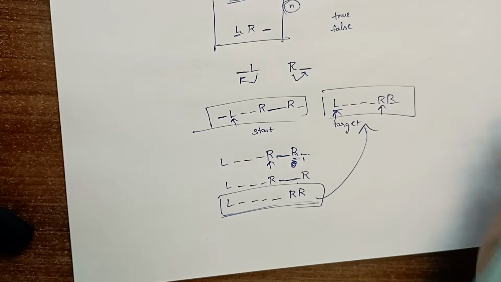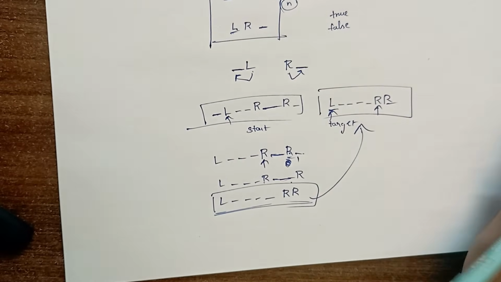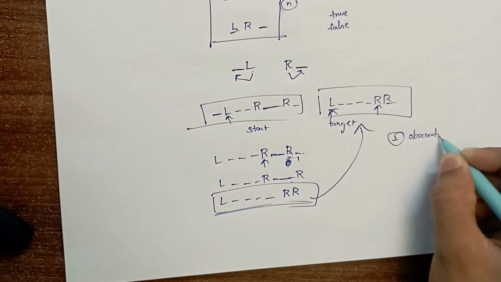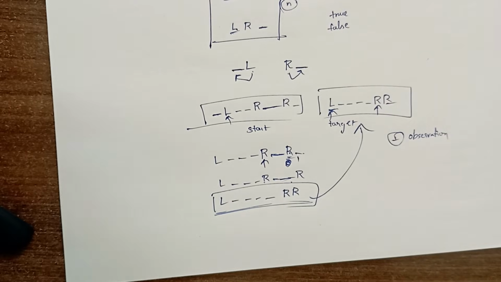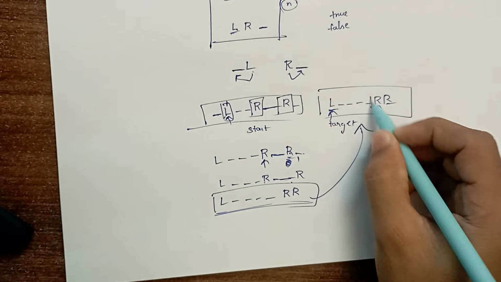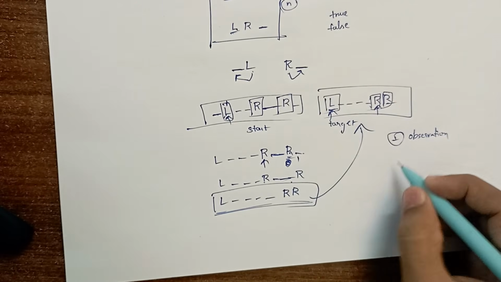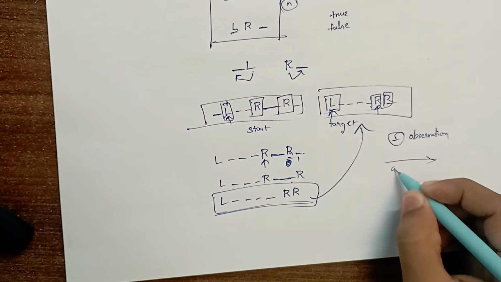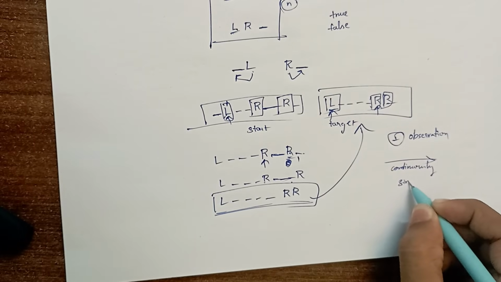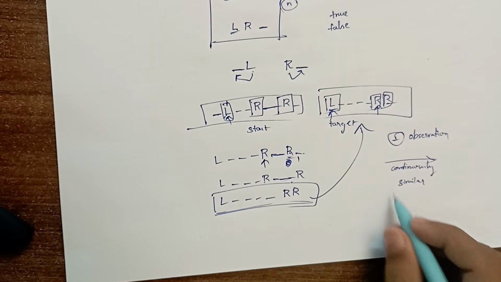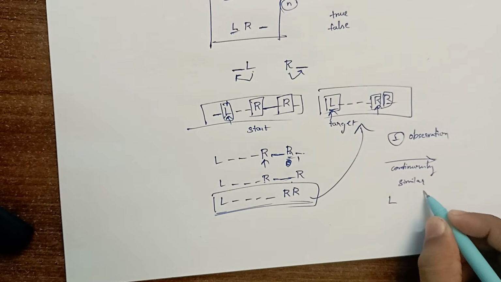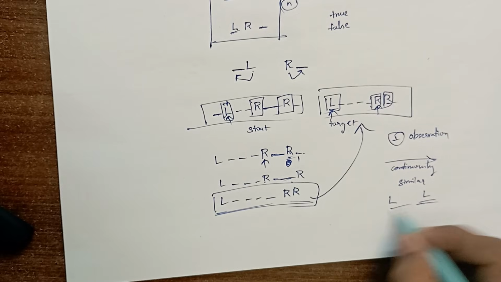By this way we can get our target here. Now, the first observation: these L, R, R, these three are continuously similar. That means we got the first L in our start and also the first L in our target.